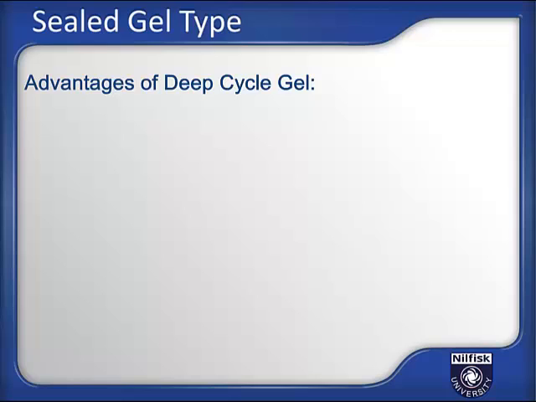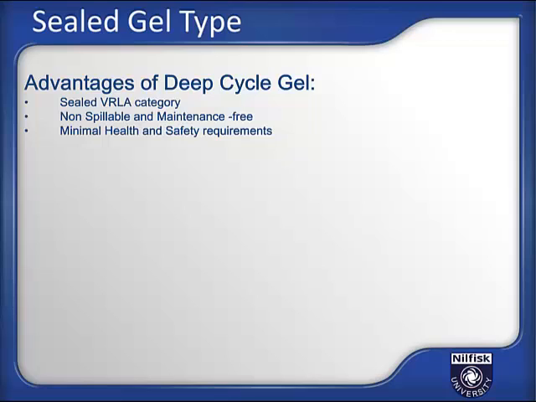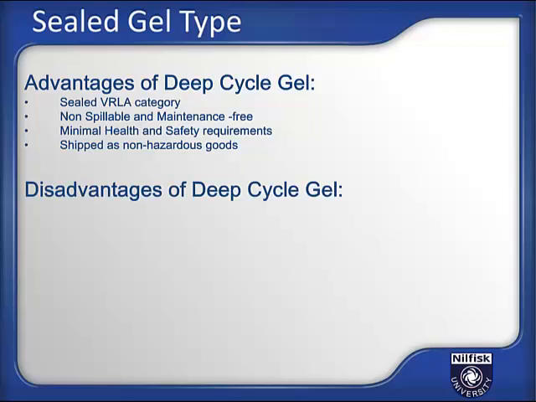So let's have a look at the advantages of deep cycle gel. This product fits into the sealed valve-regulated lead acid category and therefore is non-spillable and maintenance-free. This results in minimal health and safety requirements and can be shipped as non-hazardous goods. Some of the disadvantages of deep cycle gel. Gel is only available in limited footprints.